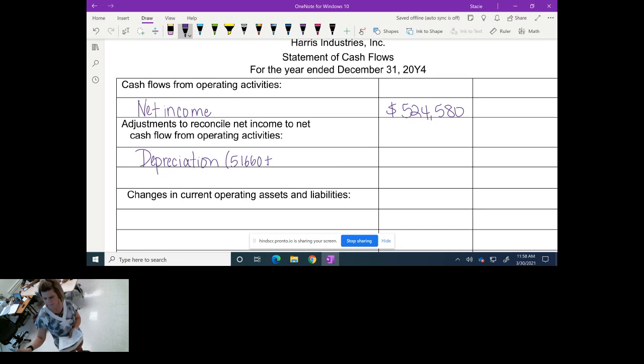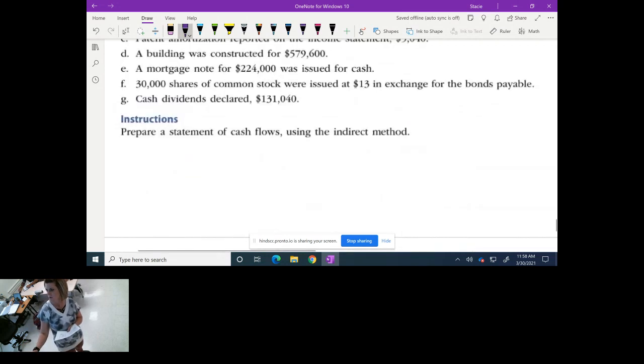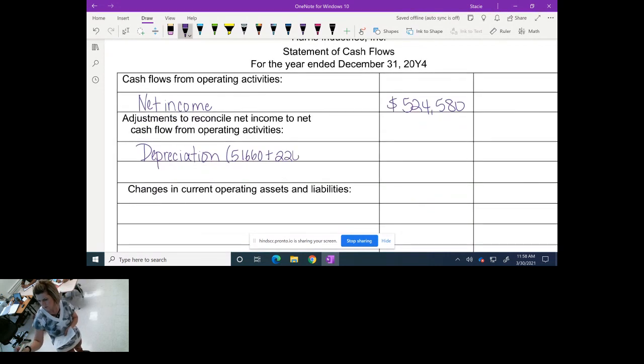Now you don't put this amount in parentheses on your statement. I'm just doing that so y'all know where the number came from. Okay, that's our depreciation expense.